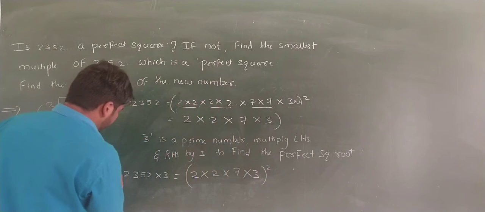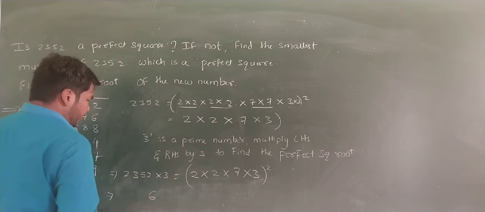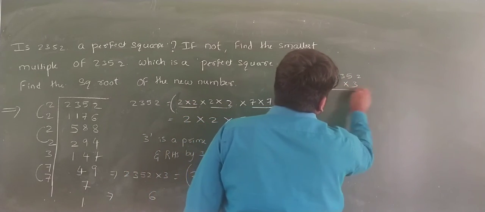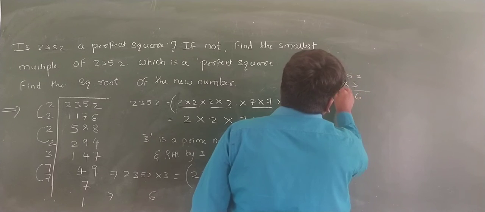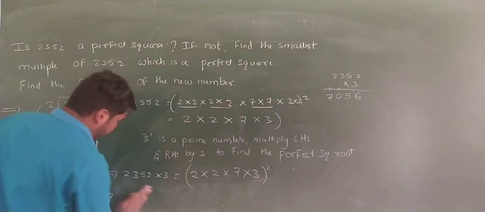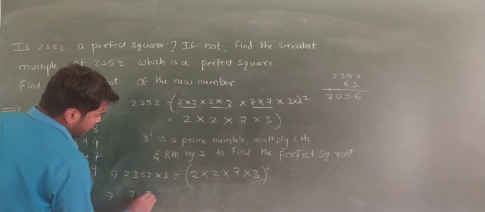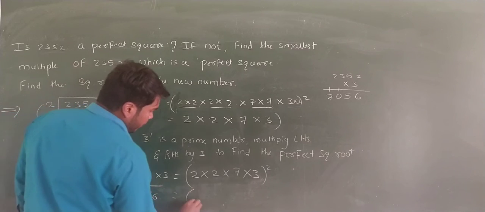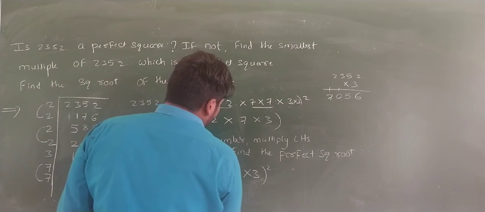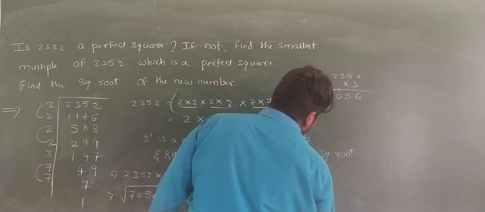Okay, so now multiply 2352 into 3: 3 2s are 6, 3 5s are 15, 1 carry, 3 3s are 9, 10, 1 carry, 3 2s are 6, so you have 7056. So I will write root of 7056, and this I will multiply: 2 2s are 4, 7 4s are 28, 28 into 3, 8 3s are 24, 3 2s are 6, 84.